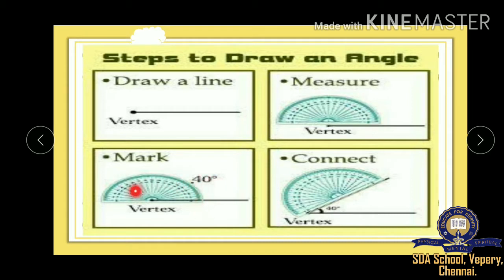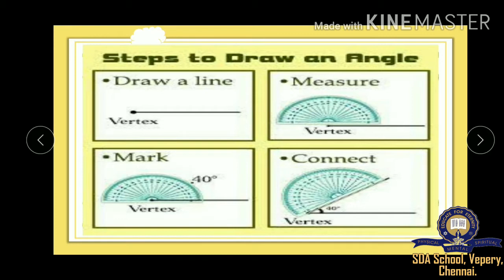See, in the inner scale we have 0 to 180 degree, right? In that you just keep a point at 40 degree. The fourth step, remove the protractor and draw a line. Now we get the angle for 40 degree. The same way we are going to construct an angle using protractor, right?